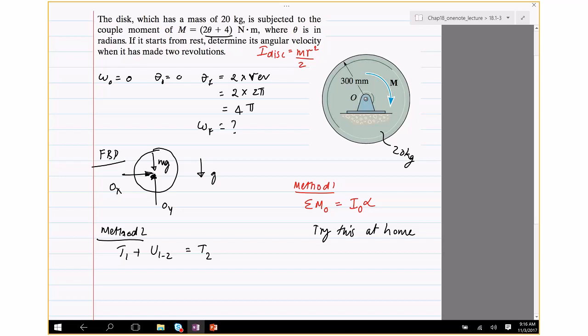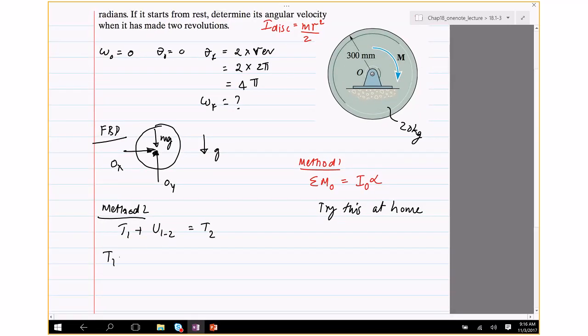When do you apply this? Whenever you're asked to find velocity as a function of distance, that's when you use the principle of work and energy, because it has energy, so velocity, and work done, which is typically a function of theta or s. So let's use this principle. T1 is the initial energy of the system, and that is 0.